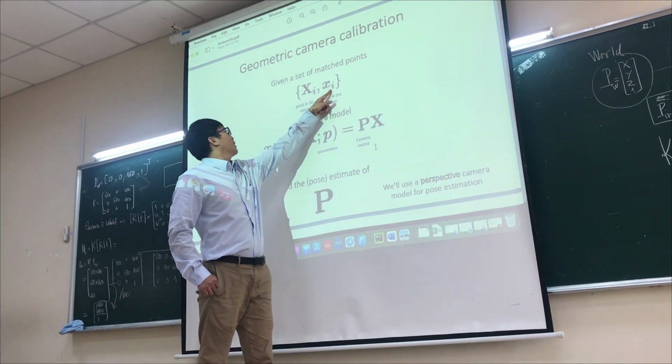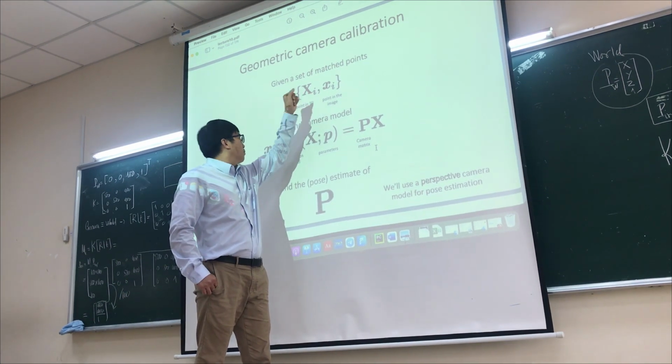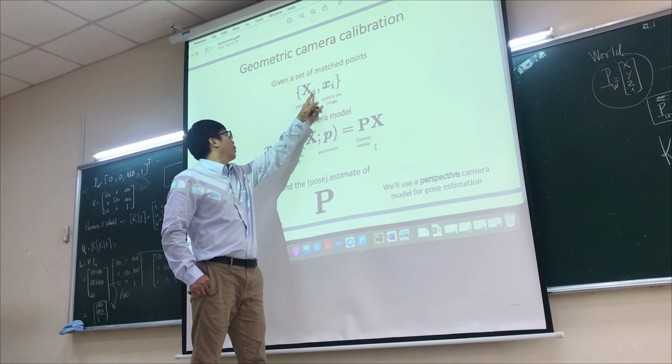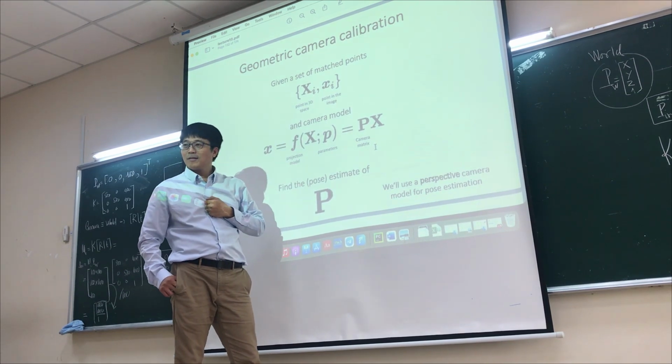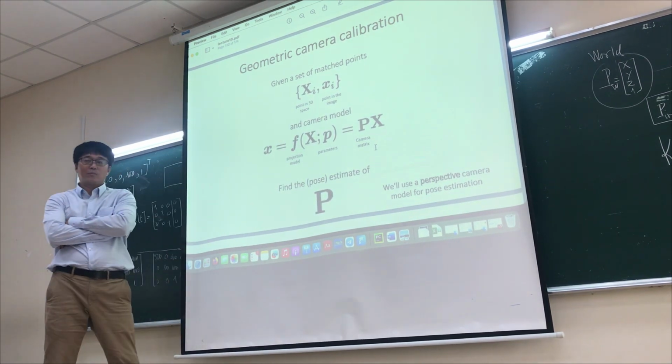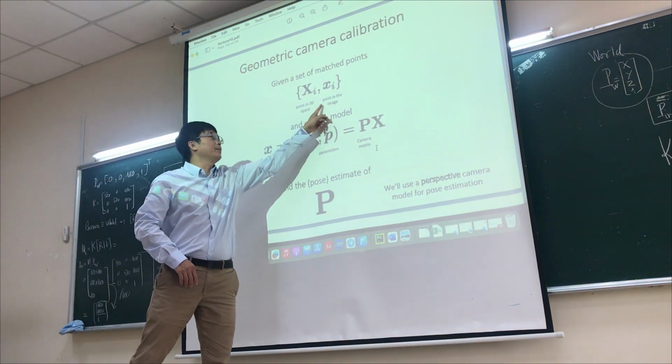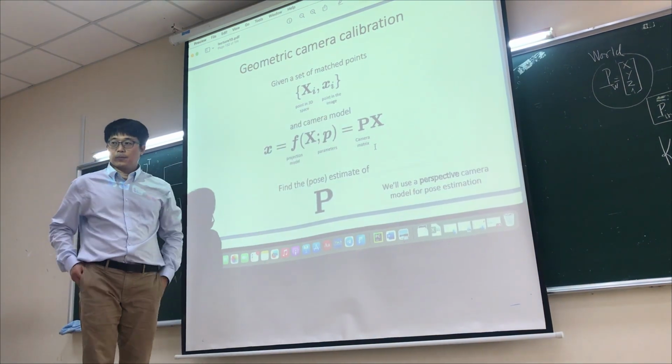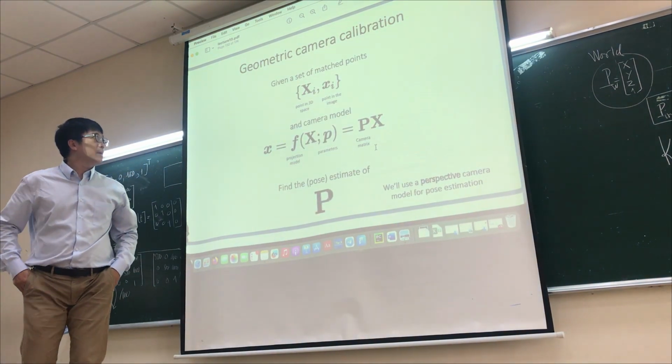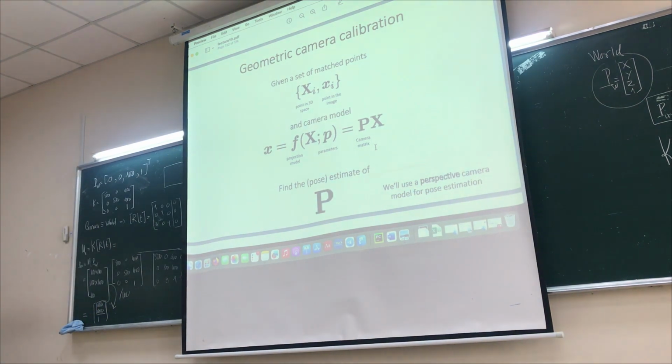Uppercase S and also i, what are they? Notation here: uppercase in the world, lowercase in the image.